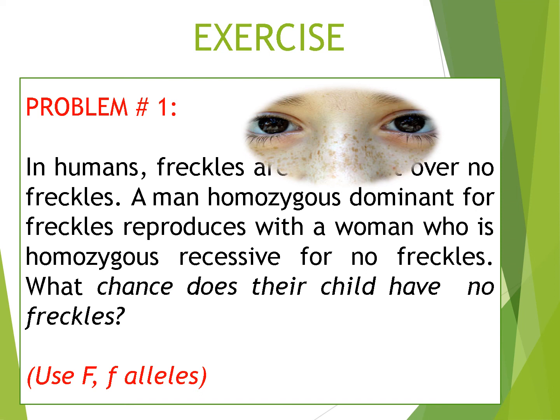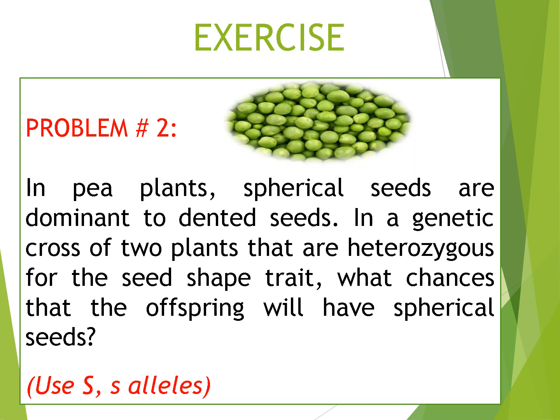What chance does their child have of having no freckles? Problem number 2. In pea plants, spherical seeds are dominant to dented seeds. In a genetic cross of two plants that are heterozygous for the seed shape trait, what chance is there that the offspring will have spherical seeds?